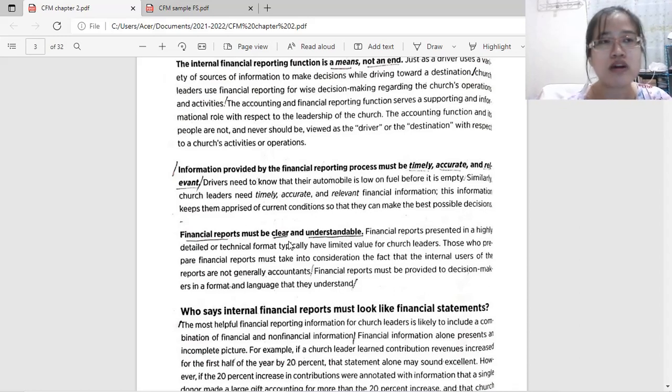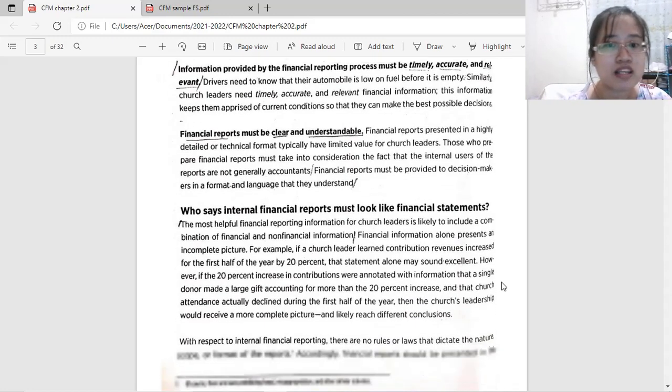So we do have that goal as well, to ensure that the decision maker, even if they don't have much understanding about accounting, can easily understand the report.